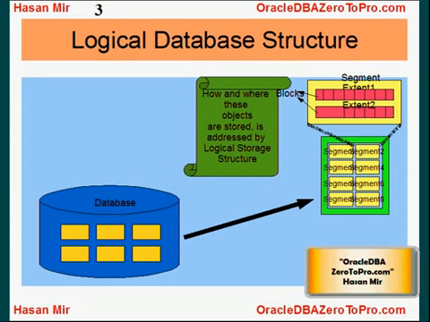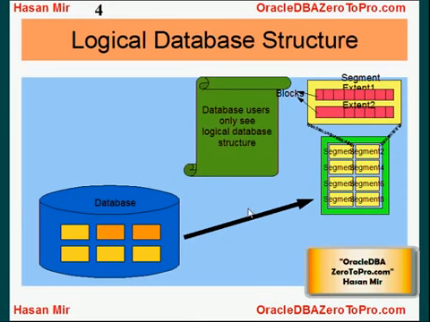So the database, and these yellow boxes are representing database objects. How they are stored in the physical files, that question is addressed by the storage structure. How the table will end up in which segment and which table space would be addressed by the storage structure.